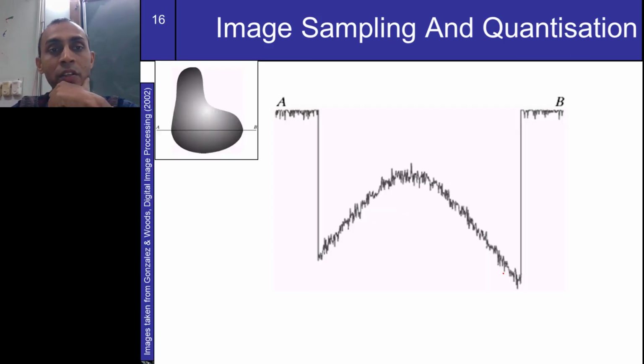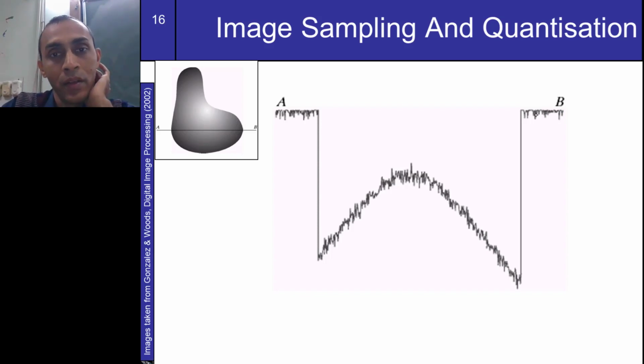This is just an illustration of that. If you go through this line AB on this image and measure the intensity values, the actual intensity values will look something like this. Initially they are all white, then go towards dark, and there is noise, this random thing. There will always be some noise, some fluctuations.